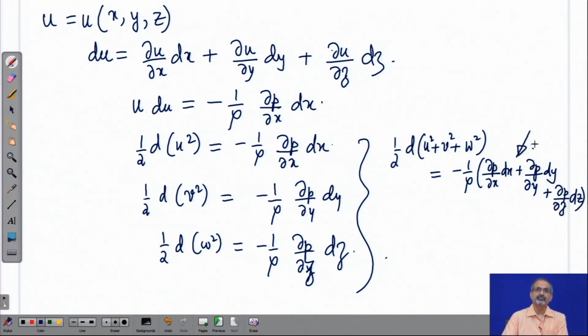For example, it is clearly visible here that this is going to give you a dp. Similarly, here u square plus v square plus w square, the sum of the components of velocity, will give you the velocity square, the total velocity square.